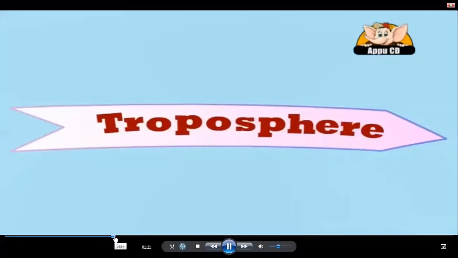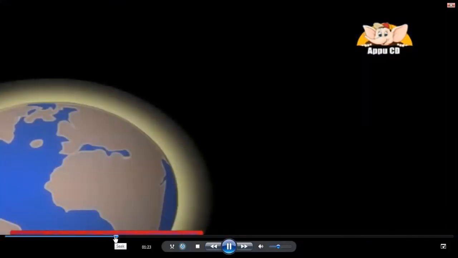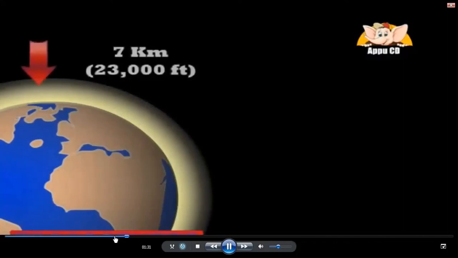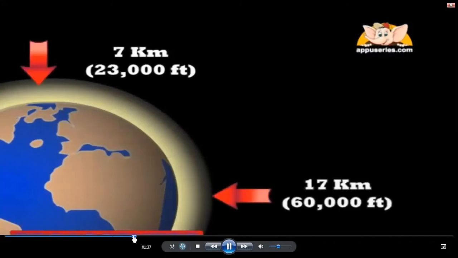Atmospheric gases become thinner as you go higher. The troposphere is the lowest layer of the atmosphere. It begins at the surface and extends to between 7 kilometers, 23,000 feet, at the poles and 17 kilometers, 60,000 feet, at the equator, with some variation due to weather factors.